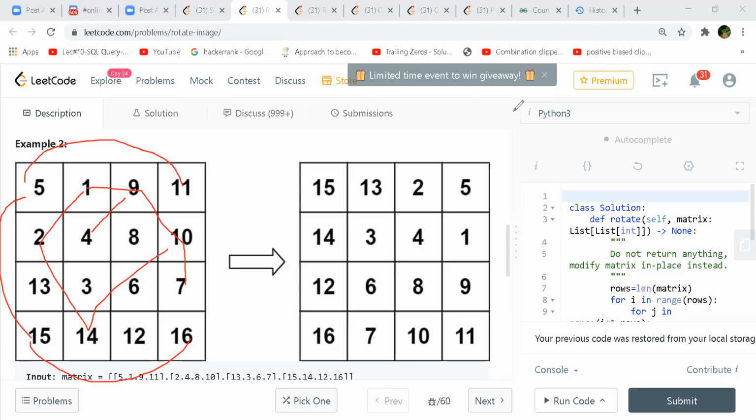No, 1, 10, 12, 13. Yes, 1, 10, 12, 14. Just take the first, second element of every first row, last column, first column. Yeah.